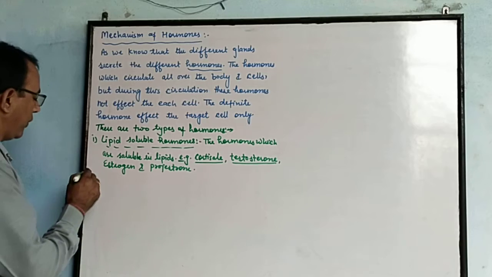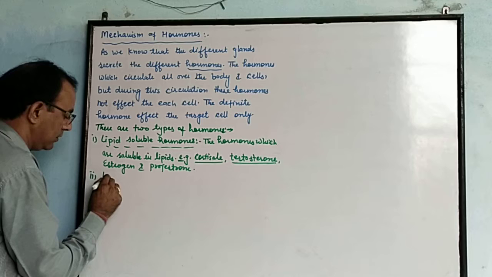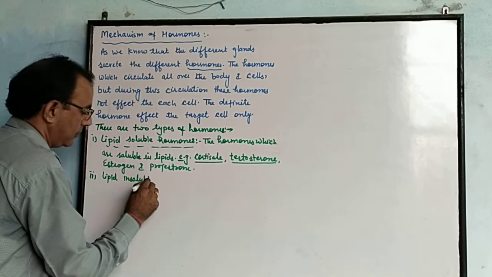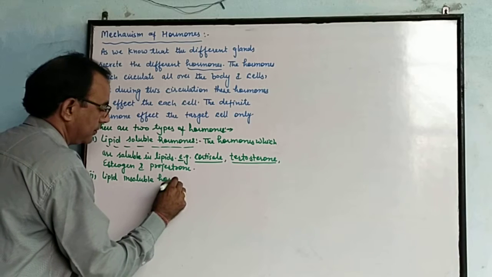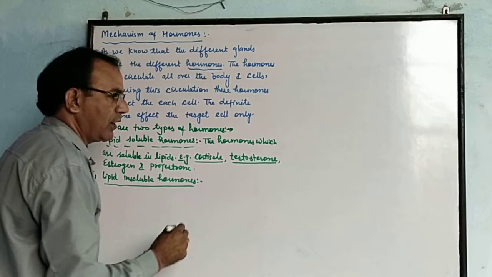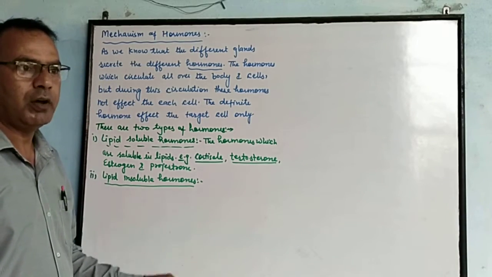And the second type are lipid insoluble hormones. It means these are the hormones which are not soluble in lipid, so they are called lipid insoluble hormones.